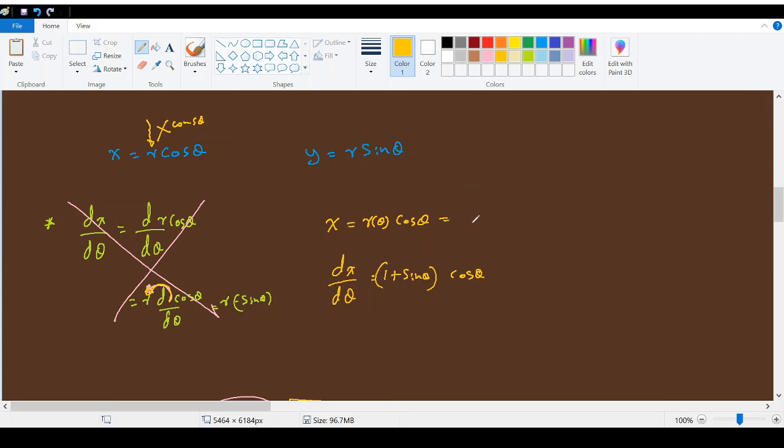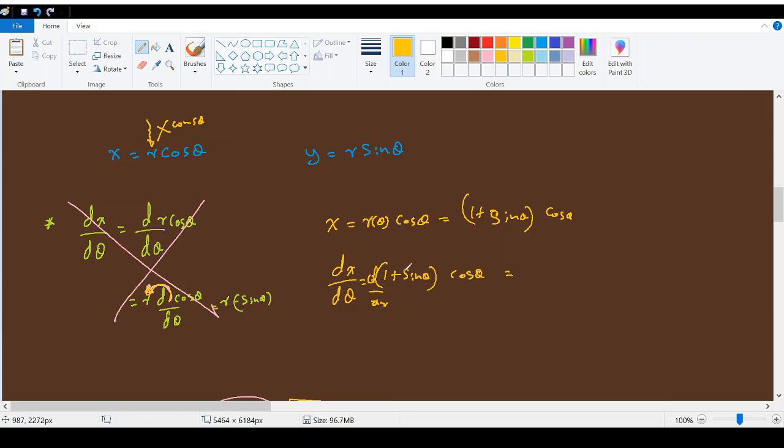For this one we have 1 plus sine theta times cos theta. Now here we are going to differentiate that product with respect to theta, right? So you have to use the proper product rule to differentiate these two functions, right?